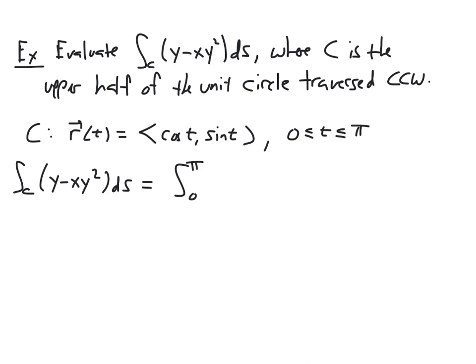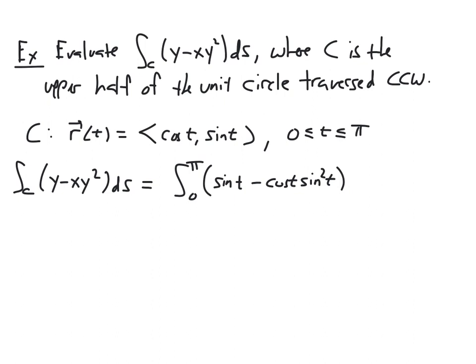We want to compute f of r of t. So we're going to substitute cosine of t in for x and sine of t in for y. So we're going to have sine of t minus cosine t sine squared of t. That's y minus x y squared.